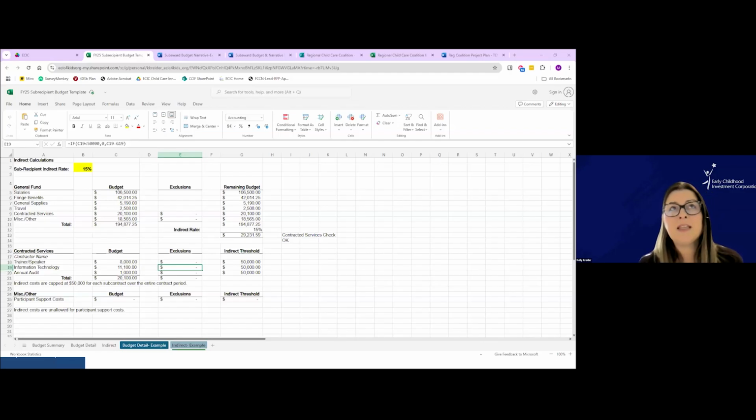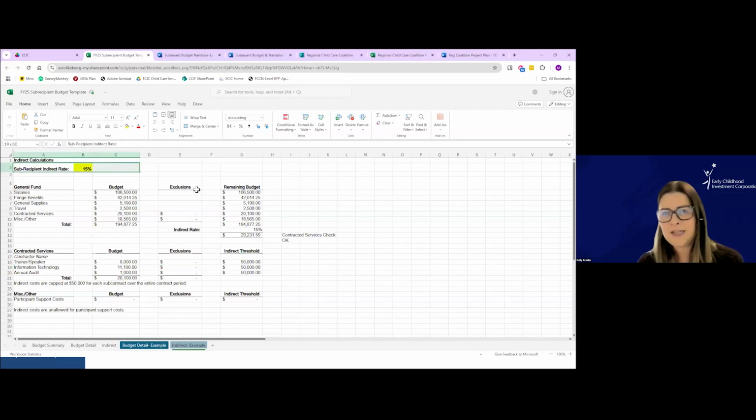Currently, the federal government has increased the allowable indirect rate, which is great for all of the nonprofits or organizations that, we know, are already operating on pretty slim margins. And so the current de minimis rate, that's the default, is 15% of modified total direct costs.